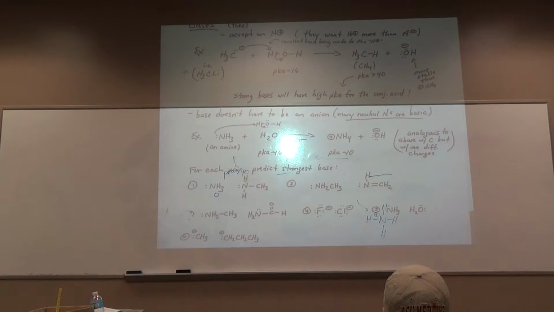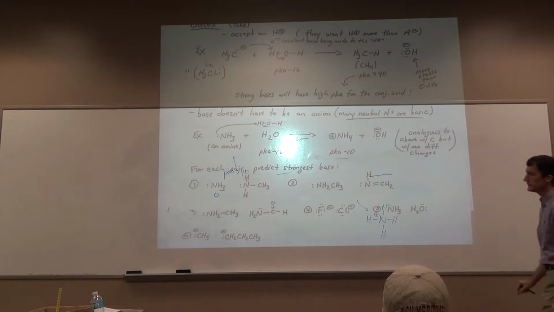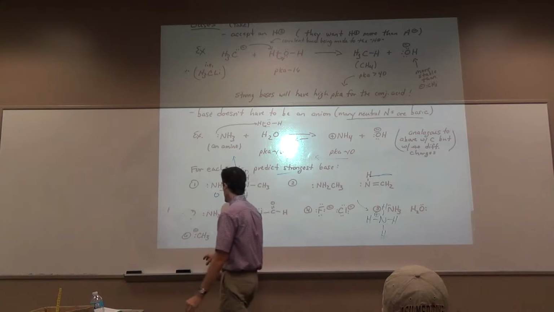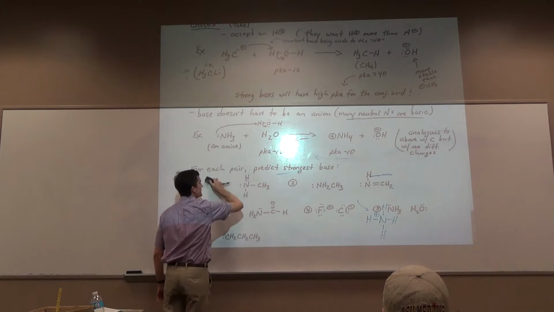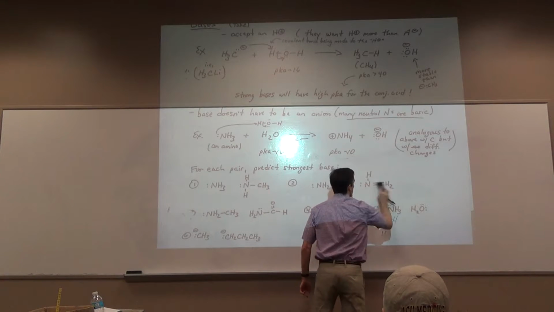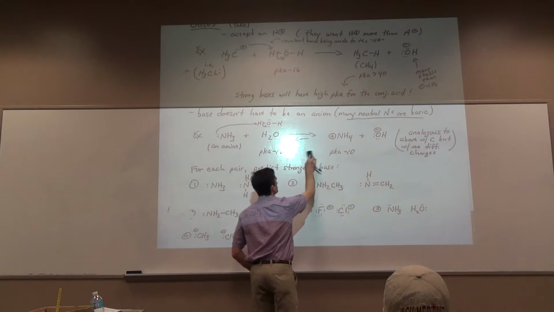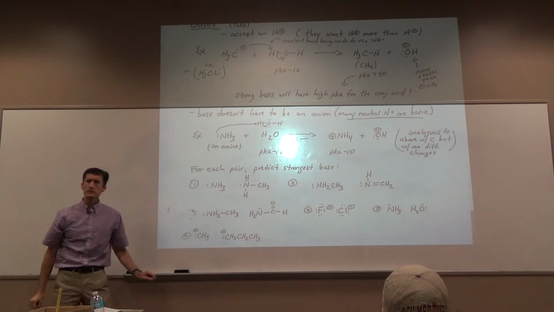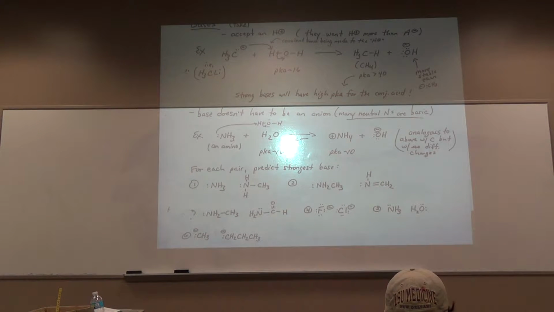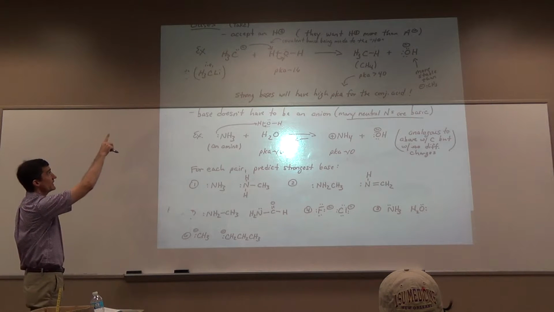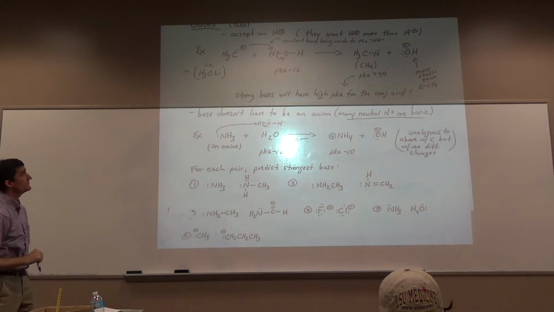Okay, at this point, let's look at base strength, particularly looking at nitrogens. Because as we'll say on the summary page, good bases are either anions, like hydroxide or C minus.